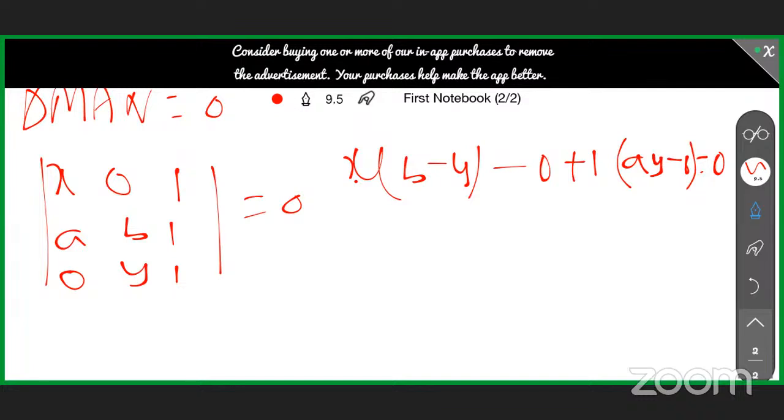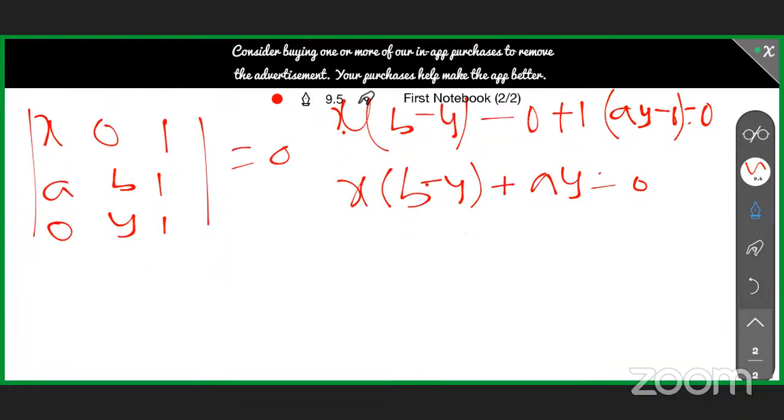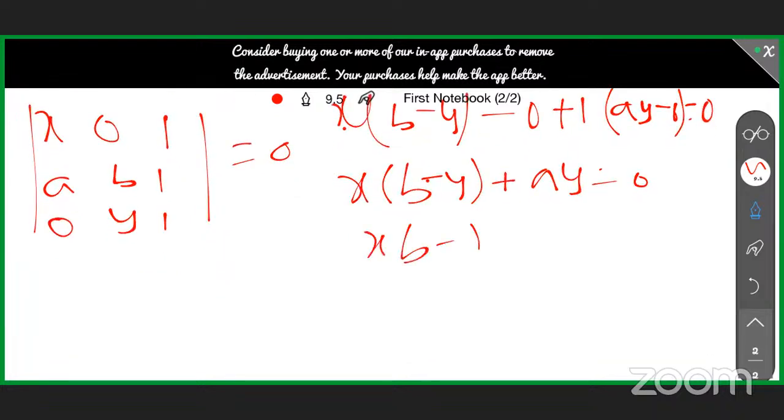Anything multiplied with 0 will become 0, so I'm not doing anything for 0. So 1 with this, I exclude the first column and the last row. So 1 into a into y means ay, minus b into 0, is equal to 0. So 1 into ay minus 0 is equal to right hand side 0. So the left out is x into b minus y plus ay is equal to 0. If I simplify this, xb minus y into x plus ay is equal to 0.